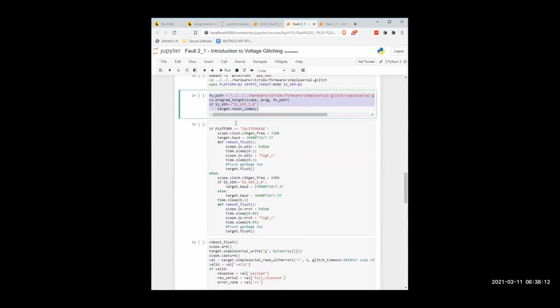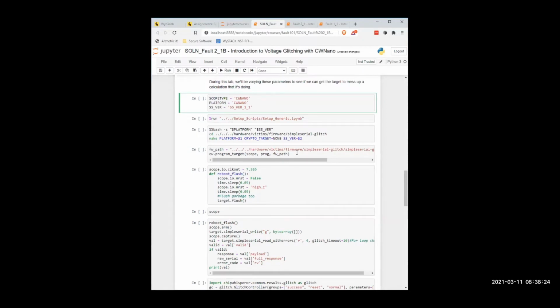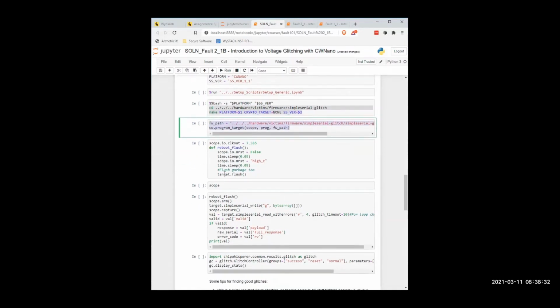So in the instructions, they have basically the firmware path where you actually are going to program the target, right? And then they have this if check, if else for clock gen, right? If you go here, you're going to notice, do the programming, and there's nothing.